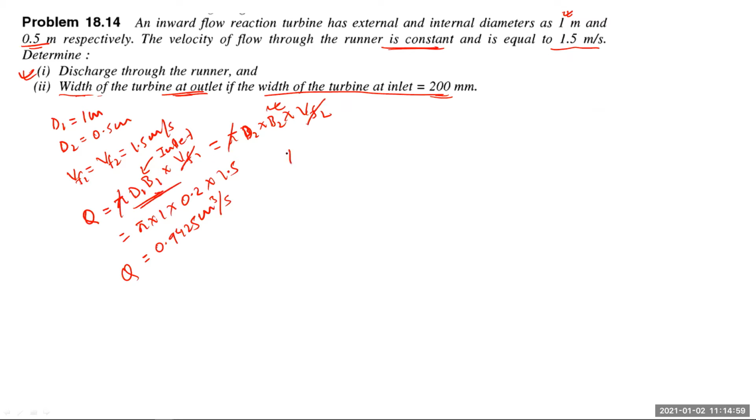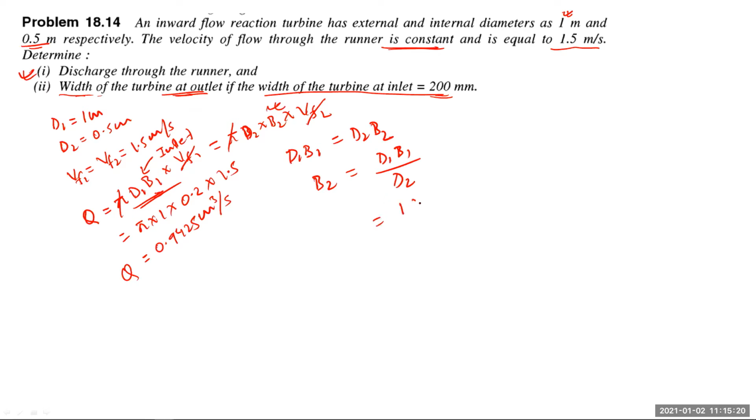So what is left? D1 B1 equals D2 B2. Okay, and B1 is known, so what will be B2? B2 will be D1 B1 upon D2. So you can substitute the values and you can get the answer.